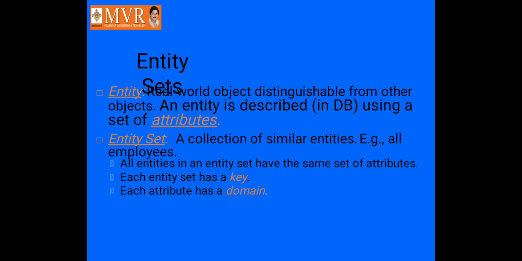Entity sets are real world objects distinguishable from other objects. An entity is described using a set of attributes. Previously we discussed one example, like an Aadhaar card, person name, address.